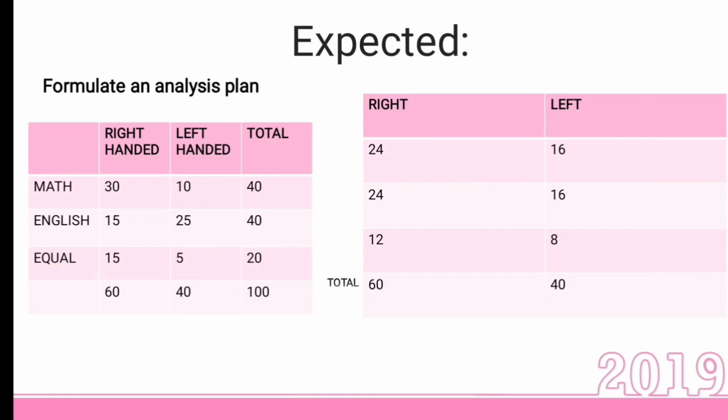So for the left table, 40% of 40 is 16. 40% of 40 who love English is 16, and 20% of them is 8. So the total number of right-handed students is 60 and the total number of left-handed students is 40. So the table on the right side is the expected.